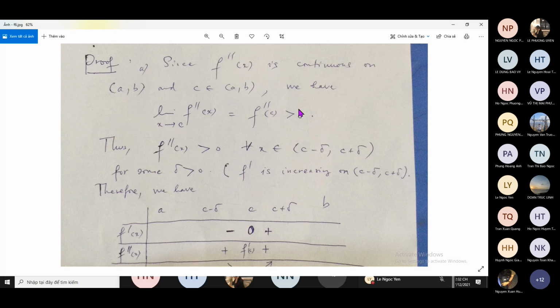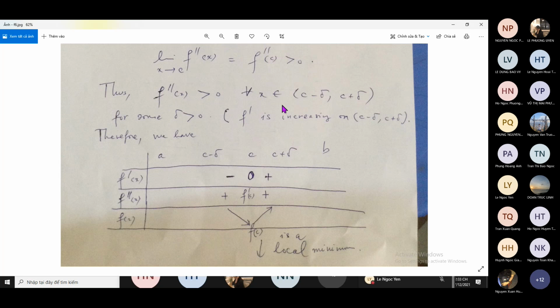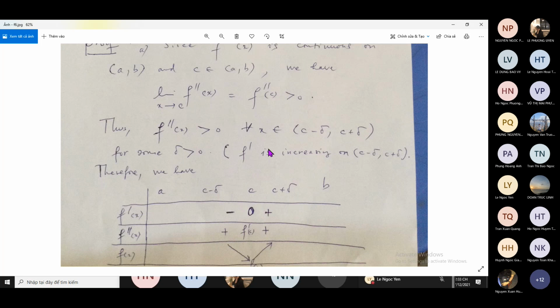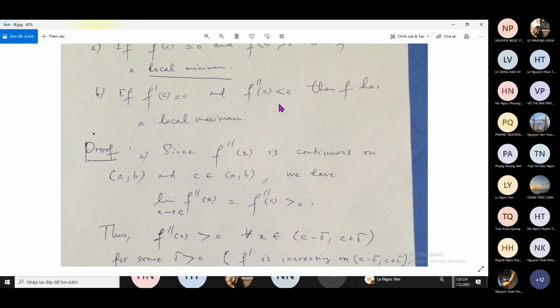And you can derive that f prime of x changes sign at c. It changes from negative to positive. And that's why f of c gives you a local minimum. By the same way, you can show that if f double prime of c is negative, then f of c gives you a local maximum. Okay?